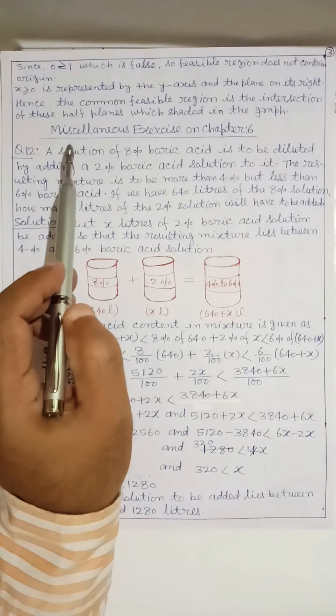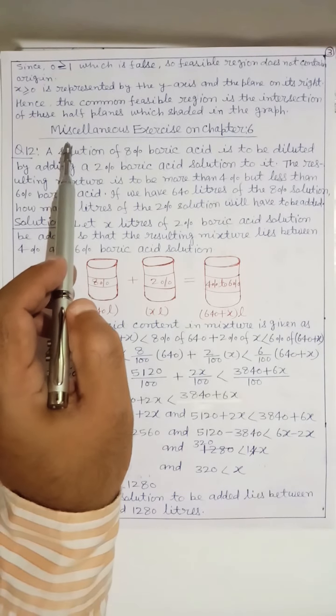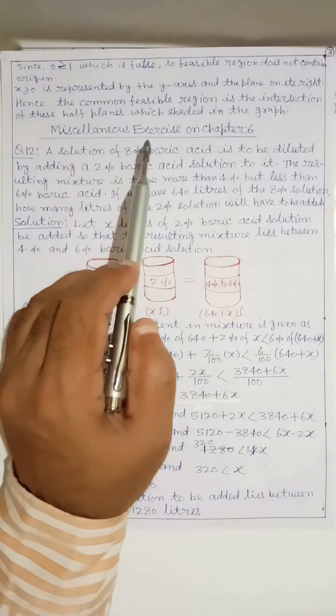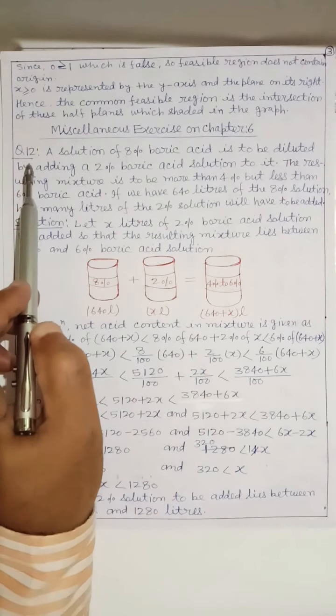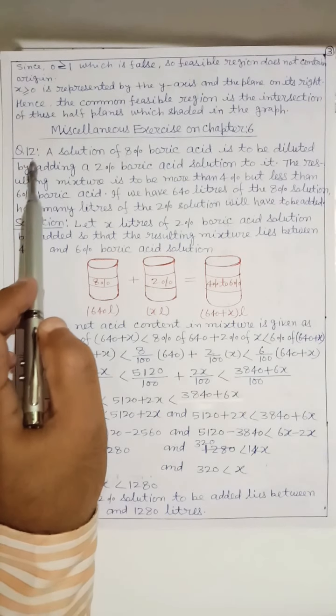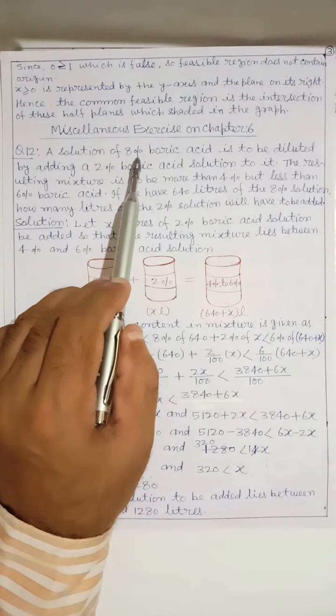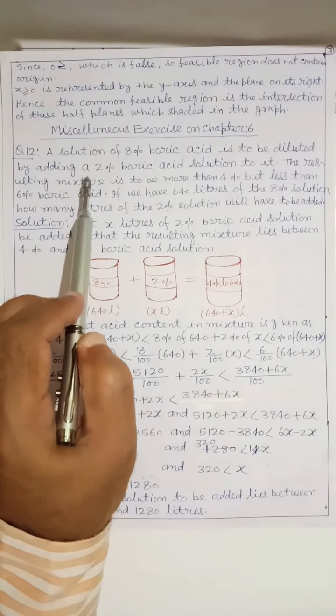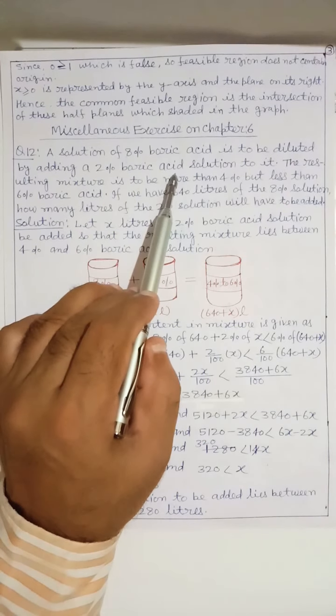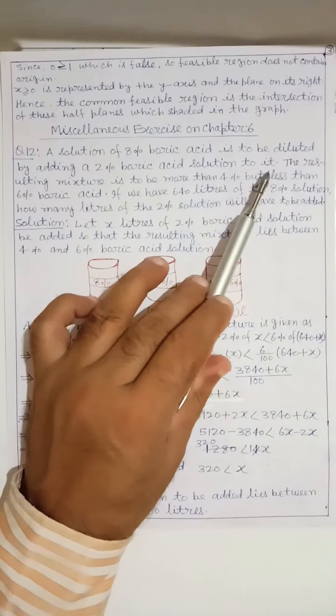Now we discuss the solutions of the questions of miscellaneous exercise on chapter 6. Here this is a very important question. Question number 12. A solution of 8% boric acid is to be diluted by adding a 2% boric acid solution to it.